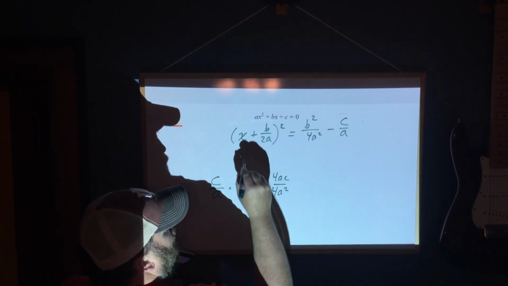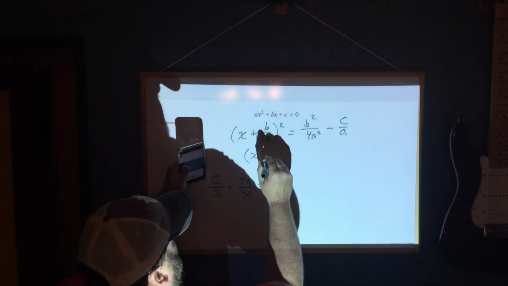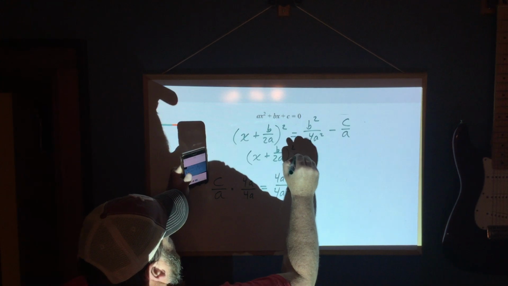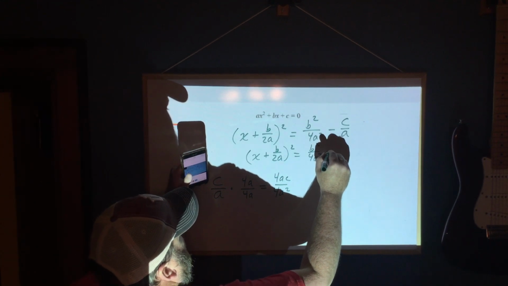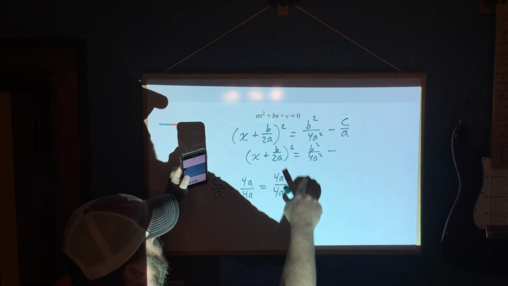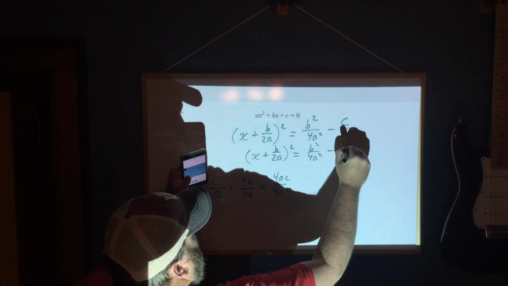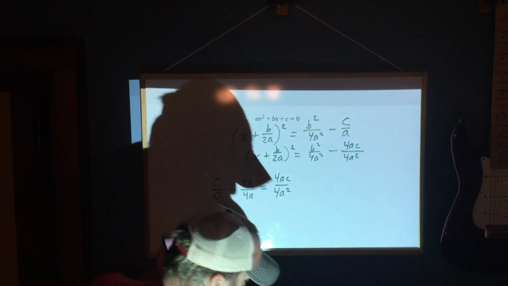Okay, so I can rewrite this as (x + B/2A) squared equals B squared minus 4AC over 4A squared.